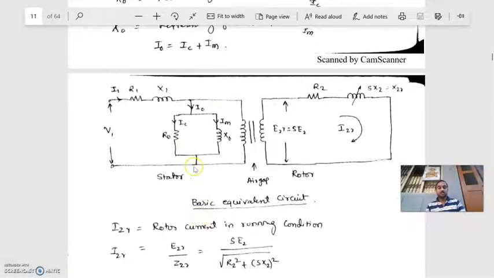Now we will write the basic equivalent circuit of an induction motor. Here this is the stator part and this is the circuit for the rotor part.